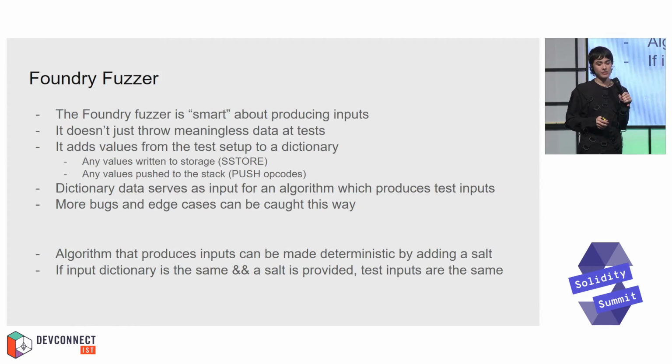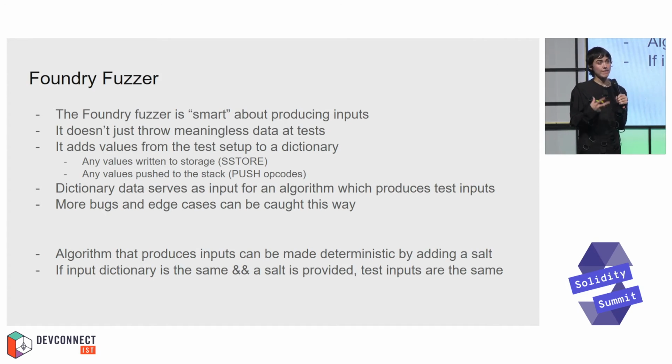So the Foundry fuzzer is basically smart about how it produces inputs to your test contracts. It doesn't just throw meaningless data at your tests, it's context aware. And the way this is implemented is basically there's a dictionary.